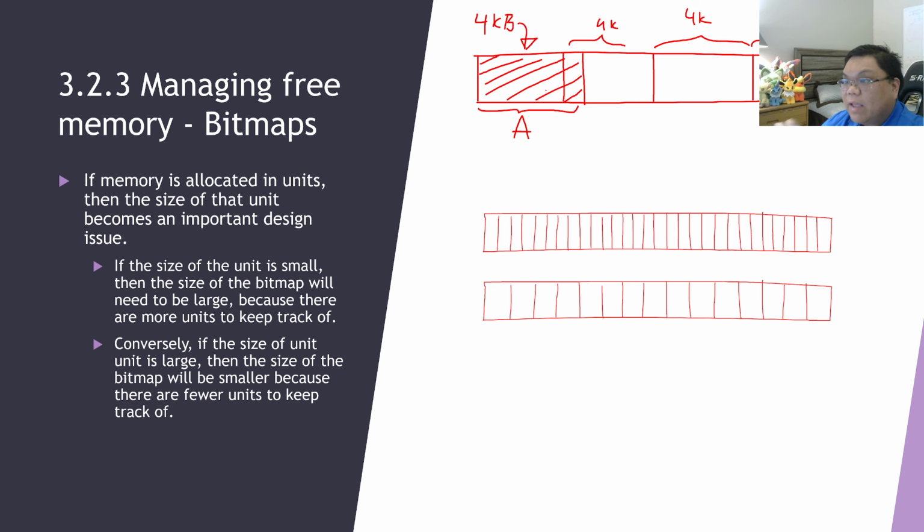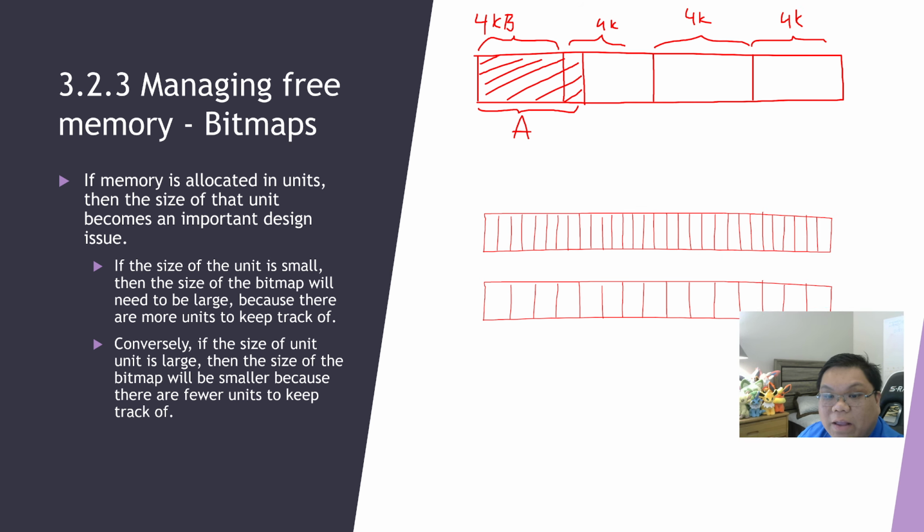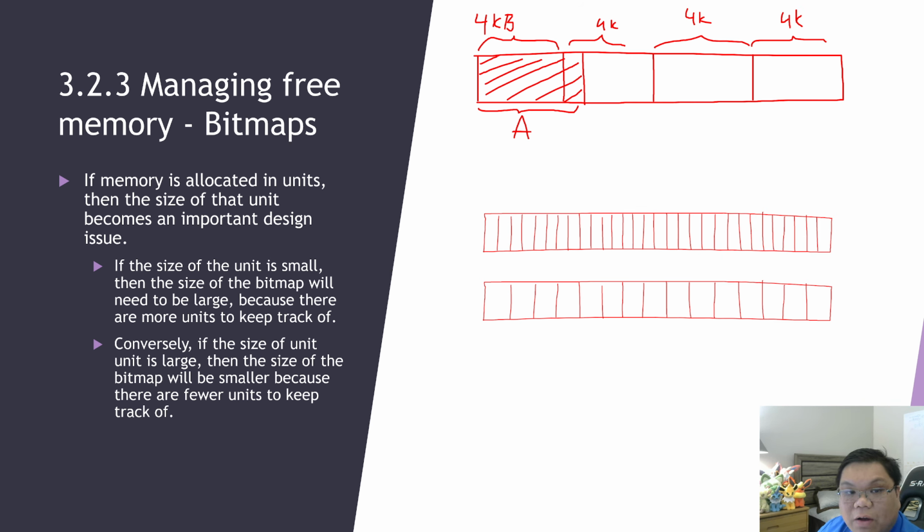okay, so let me back up. We divide memory into 4 kilobyte units. And we say process A requires 5 kilobytes of memory. Because we are allocating memory in 4 kilobyte units, when we allocate this memory to process A, it's going to take up 2 units of memory.